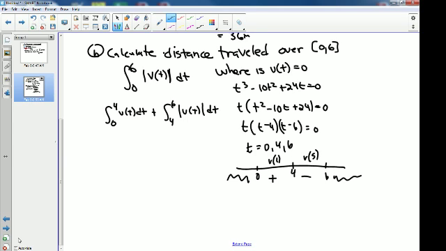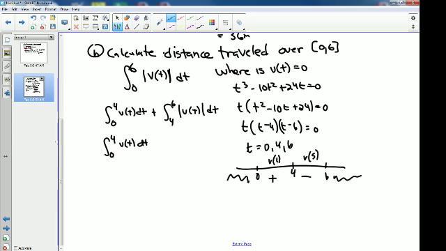So how do I deal with this? Because I know this part is really easy. No, I'm talking about this one. How do I calculate this with an absolute value on it?